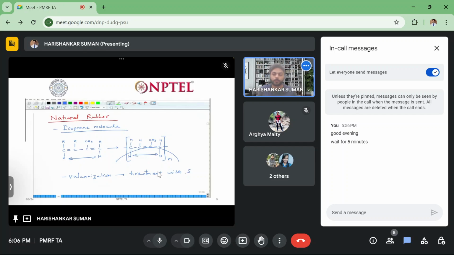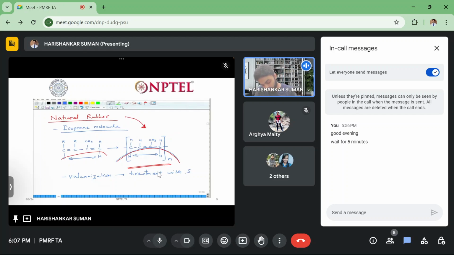Next, let's see natural rubber. Isoprene molecule has this unit, and the repeat units of isoprene, and if these double bonds are broken, then this is, okay, natural rubber.